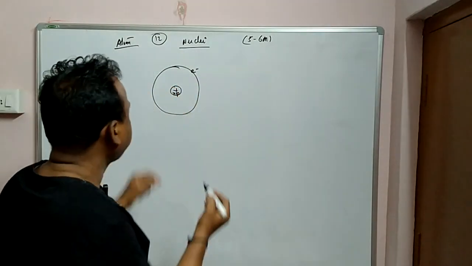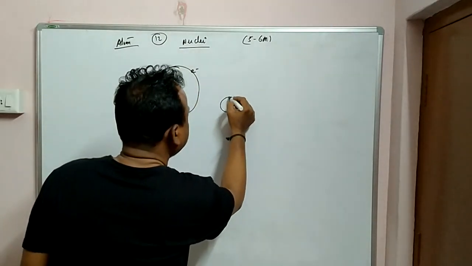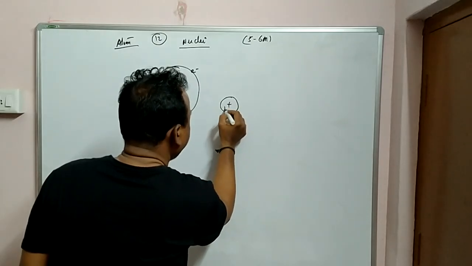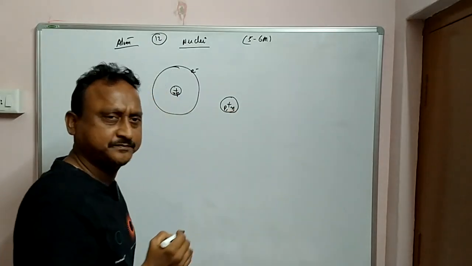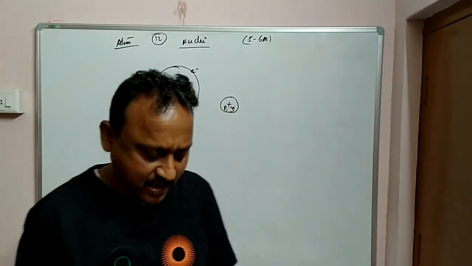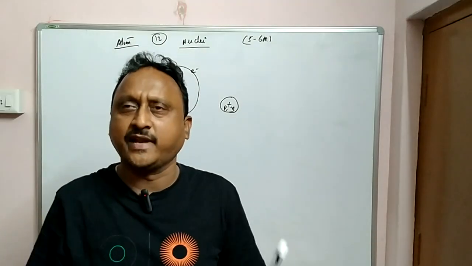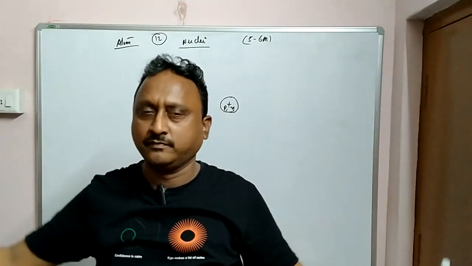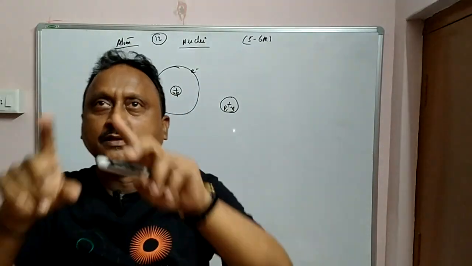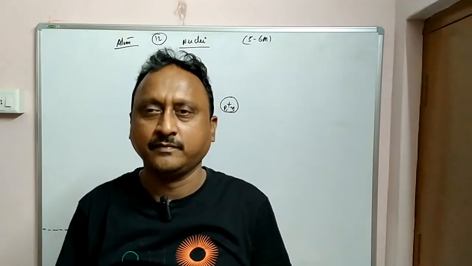The nucleus is this, where protons and neutrons are present. For example, to understand the mass of an atom, suppose you consider this room as an atom.